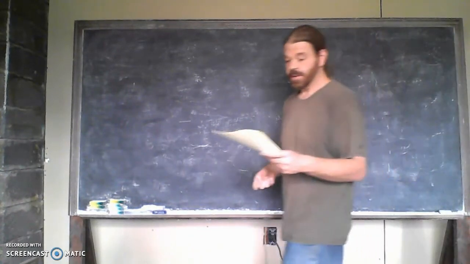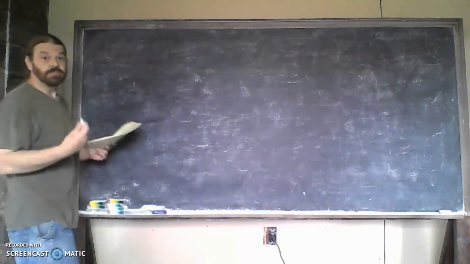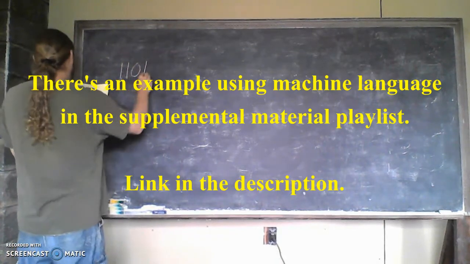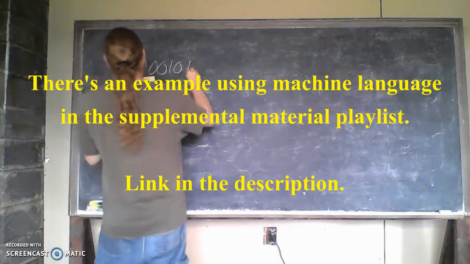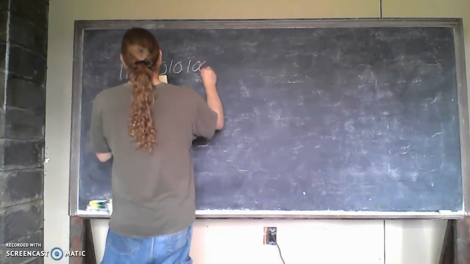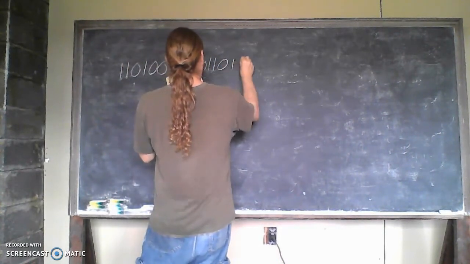Where'd my notes go? Here we go. So I'm going to copy this. I copied this example. So the machine is going to have something like this. 1 1 0 1 0 0 1 0 1 0 0 1 1 0 1 0 0.